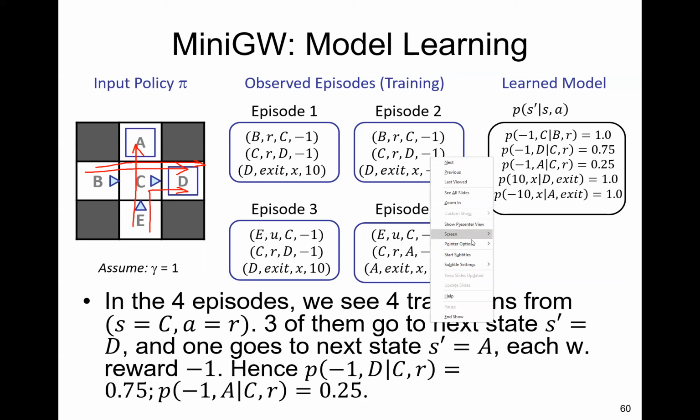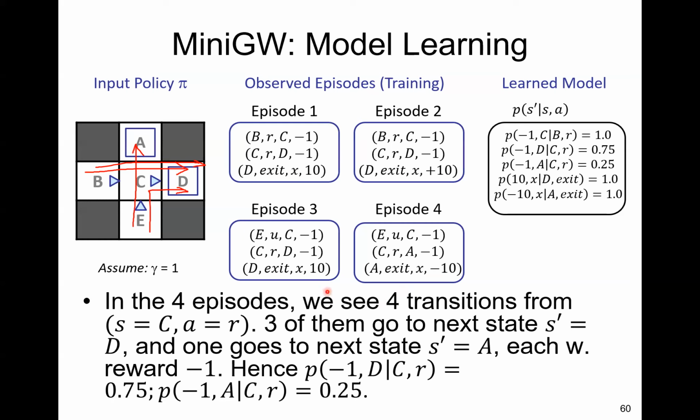From these 4 episodes, you can see 4 transitions from state action pair C and right. For episode 4, from C, you're trying to go right, but you're unsuccessful. You actually went into A because of the environmental uncertainties.